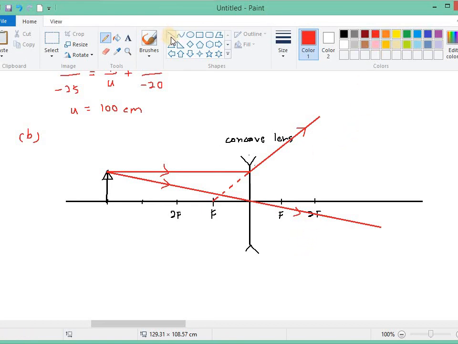So where will be the image? The image should be here.